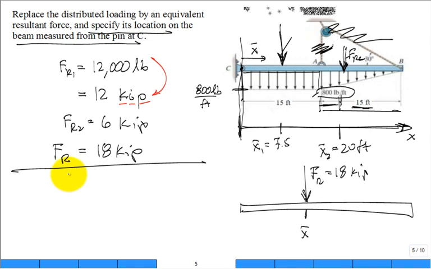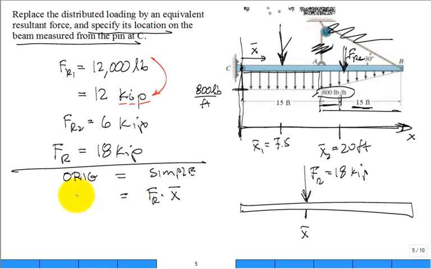The original system must have the same moment around point C as the simple system. The simple system is just F of R, the 18 kip, times that perfect location where that 18 kip should be placed.